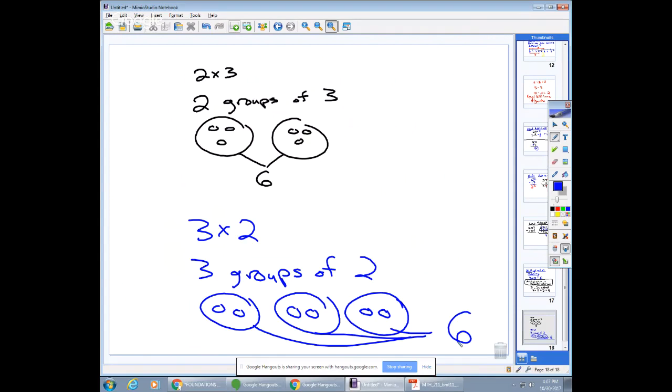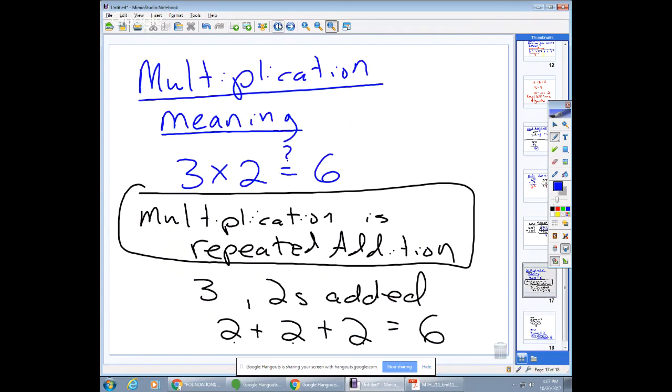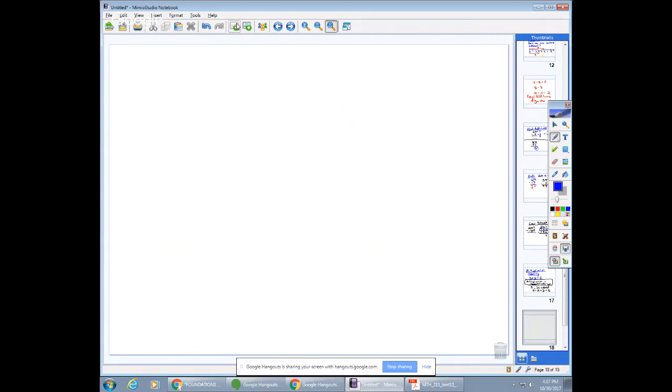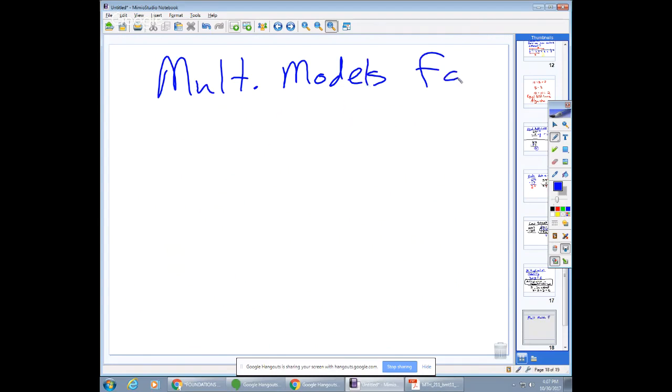Did everyone pretty much do a groups of kind of example when they drew theirs? Okay, so this gives us 2 models for multiplication. Let's go back here, add a new page. Multiplication models. At the moment, we're just working on whole numbers.